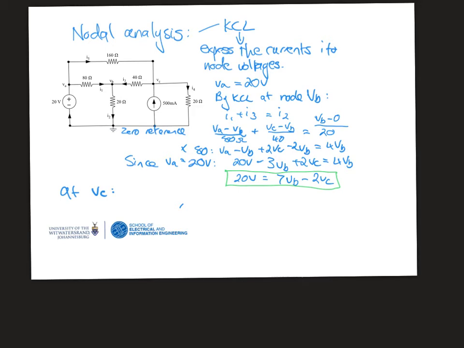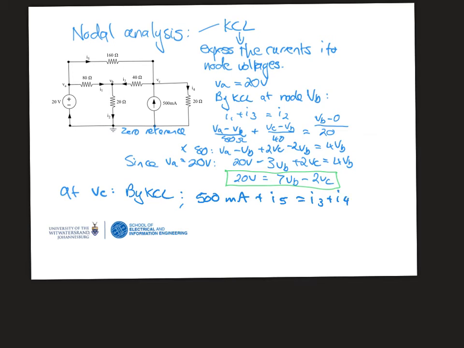So at VC, by Kirchhoff's current law, flowing in we've got the 500 milliamps plus I5, and flowing out we've got I3 plus I4.